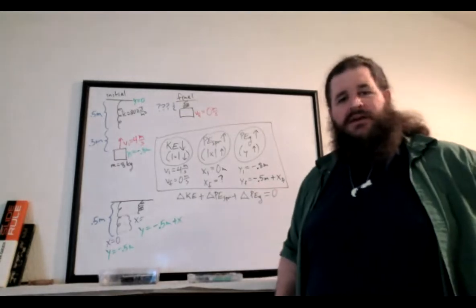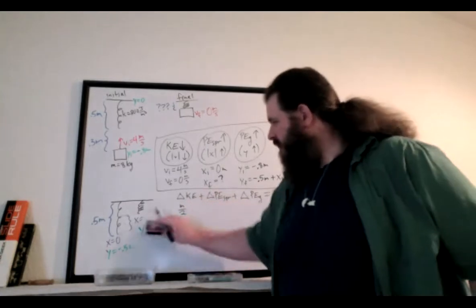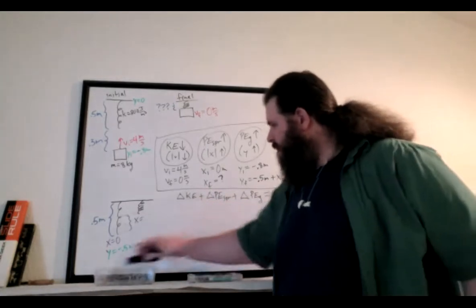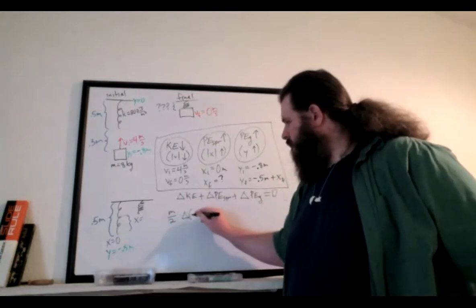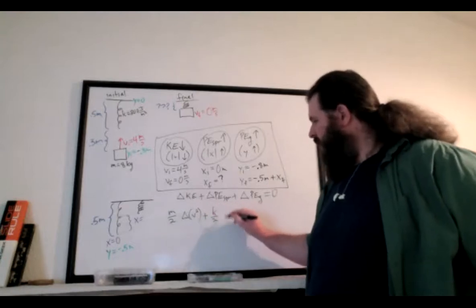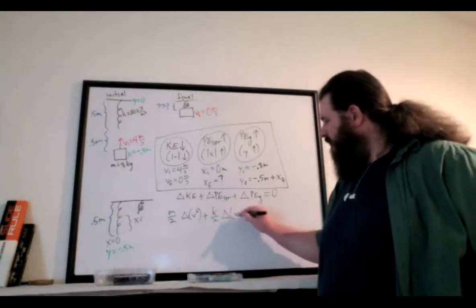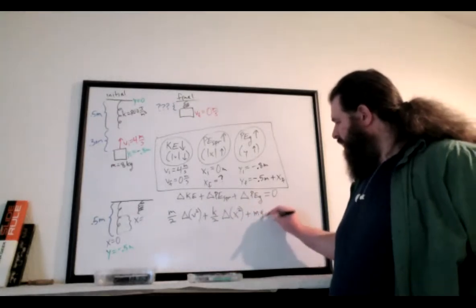And we can fill in our usual formulas for those. Half the mass times change in speed squared plus half the spring constant times change in displacement squared plus mass times gravity times change in height.